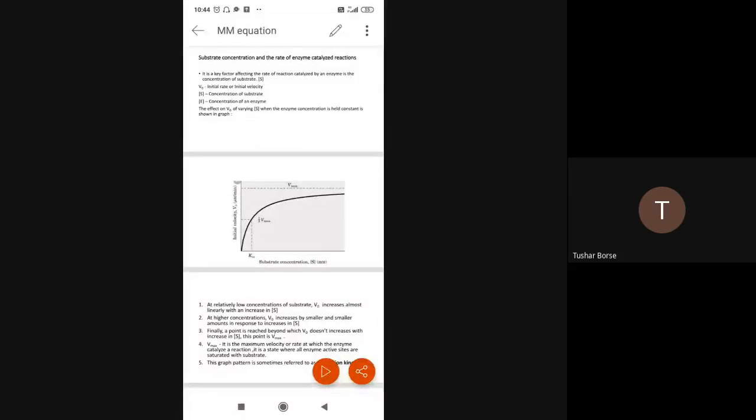Fine. So why not get a straight line graph, so that you get the accurate value of the maximum velocity, and then you can calculate the Km. For that particular purpose, they have gone for the modification. Now let's see what kind of modification has been done to the plot.